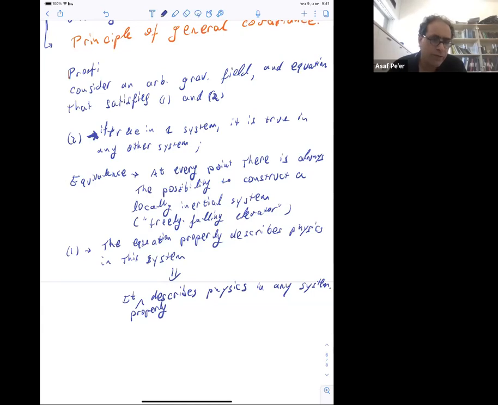So one way of thinking of this principle of general covariance is that it is a consequence of the equivalence principle plus the requirement that the laws of physics be independent of the coordinates. Essentially, the laws of physics should not depend on the coordinates in any way. Don't forget, the coordinate is something that we put in for our purpose.